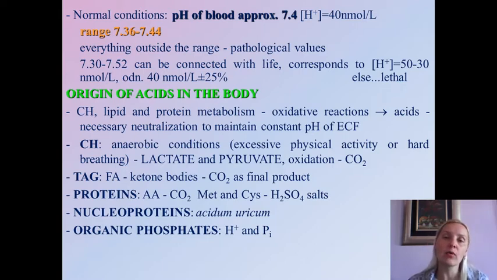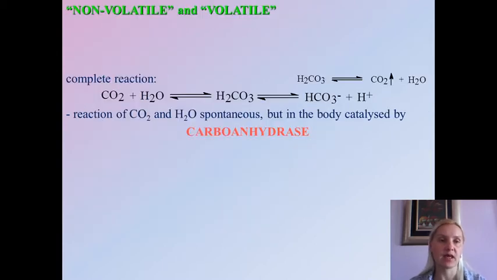So whichever way you choose of metabolism, at the end, as the final product, you get the formation of certain acids and their salts. So those numerous types of acids are classified in two groups, non-volatile and volatile.